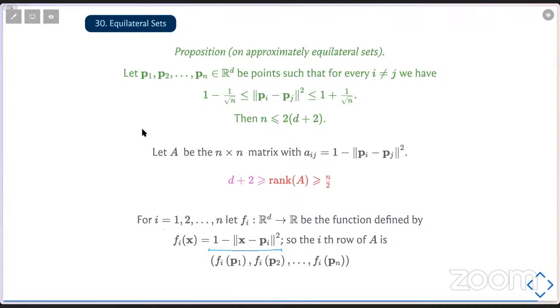So Fi takes a point in Rd as input, a vector in Rd, and maps it to a point in R, which is basically the square distance between Pi and Pj, adjusted with a 1 minus, because we want to take advantage of the rank lower bound that we have. So let me know if the definition of Fi is okay.